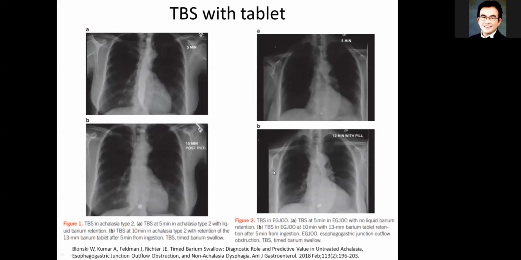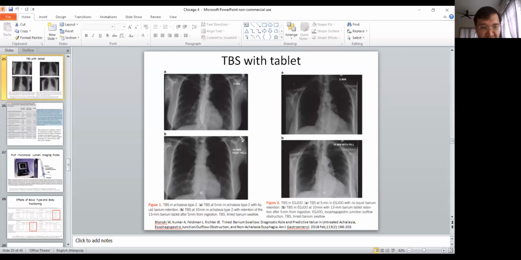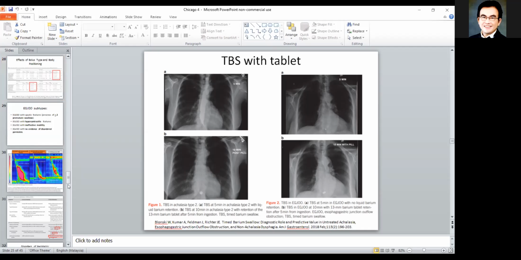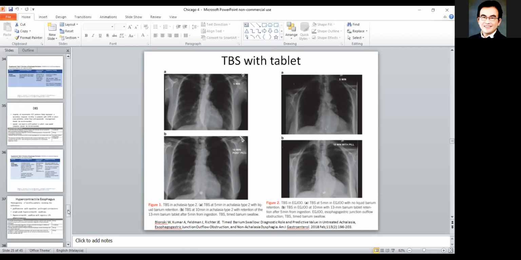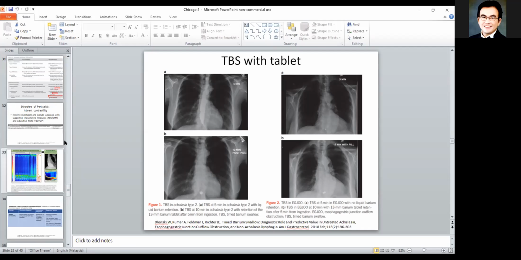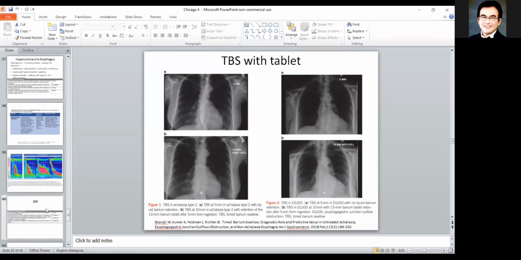Maybe my last point is about ineffective esophageal motility. This is also another very common disorder that we encounter, right, in our motility practice. Now, we tend to classify IEM under minor disorders, and the hypercontractile disorder and also DES as the major disorders.